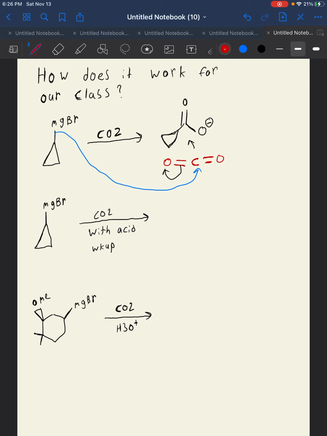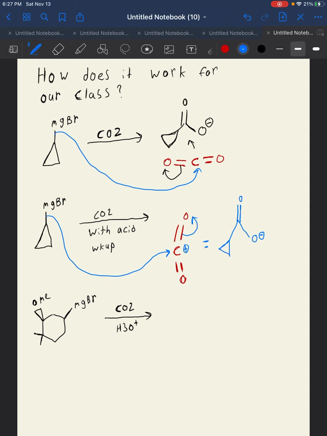So let me draw it out. We're starting with CO2 and reacting with the Grignard reagent. We resonate this up to either oxygen, opening up this orbital, which then, just like a regular Grignard reaction, can come in and attack, giving us our product.